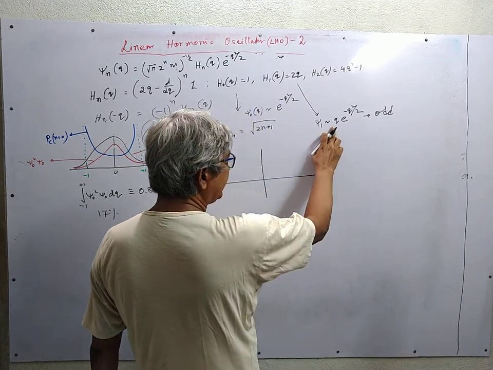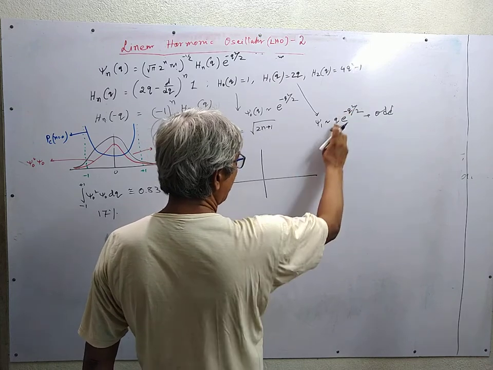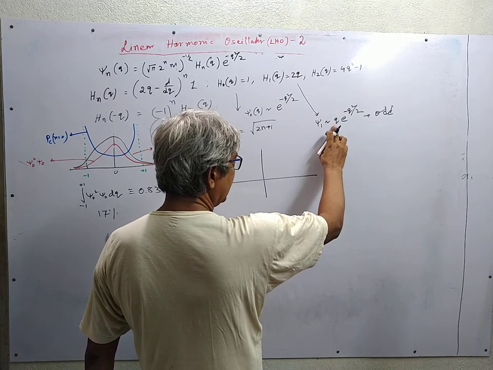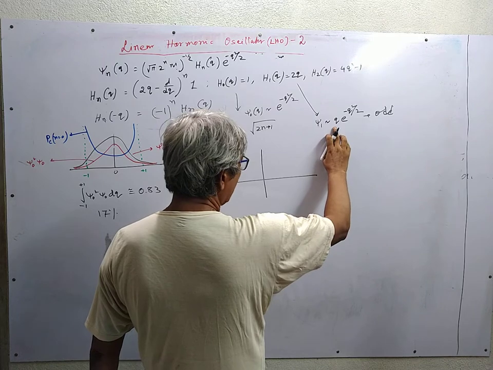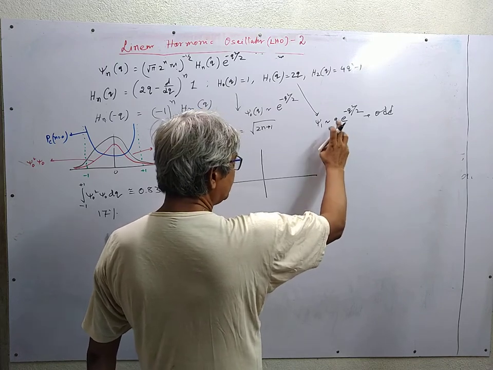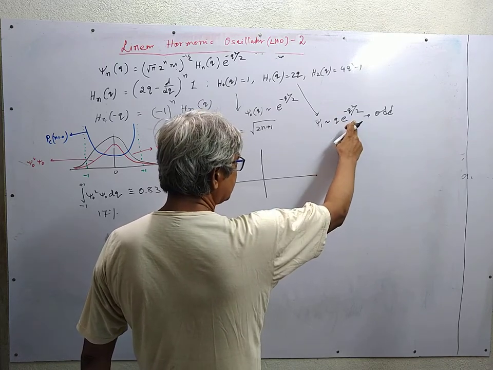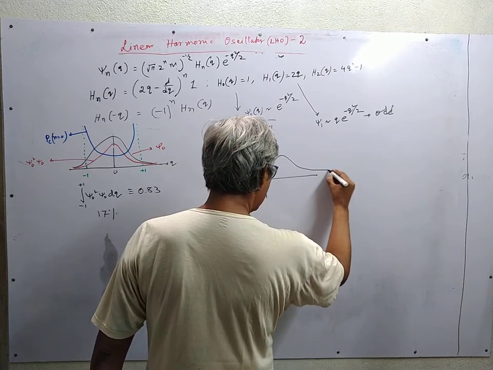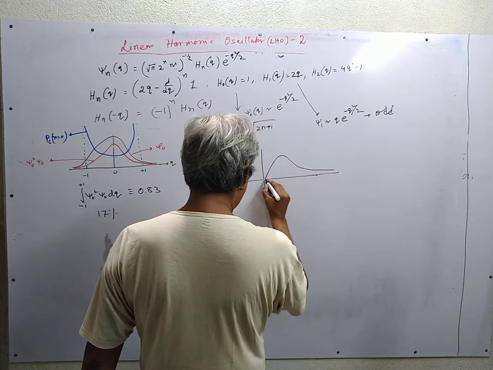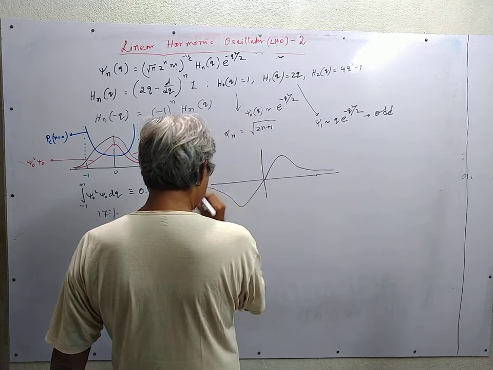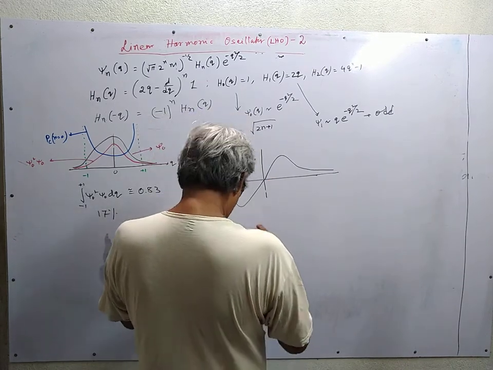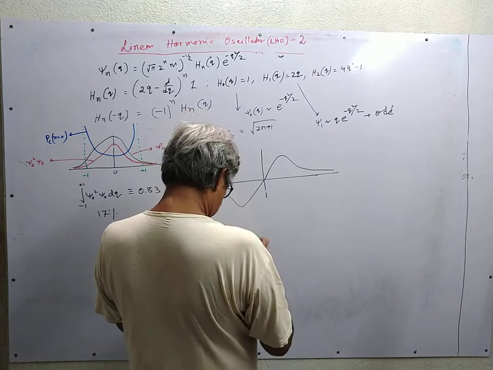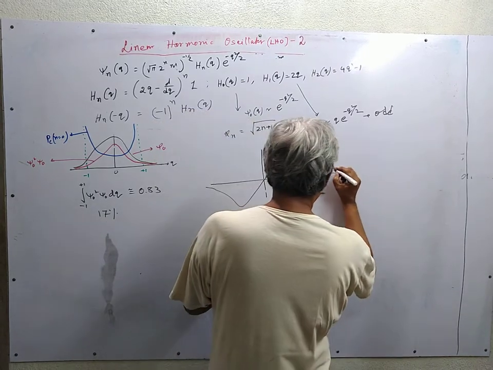Initially, when q increases, the exponential part is very small, so the function increases linearly, and with the increase of q, the exponential part starts dominating, so the function will be like this. And it will have antisymmetric nature. This is psi 1.